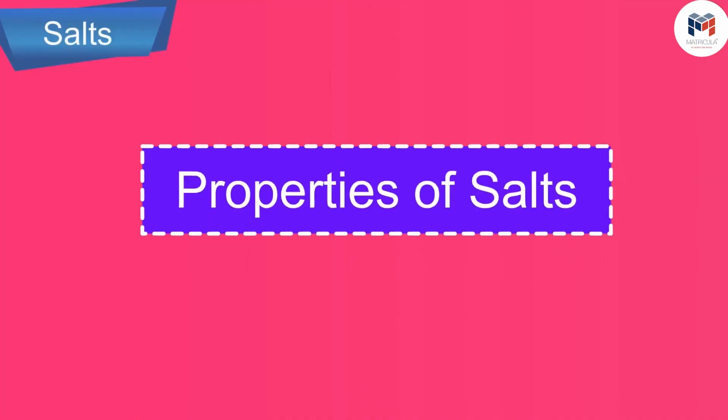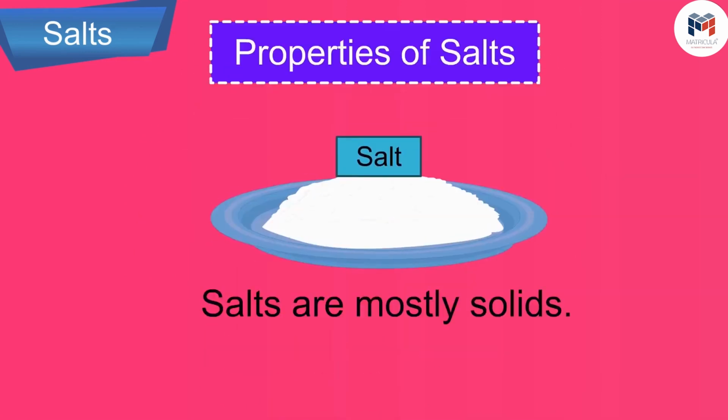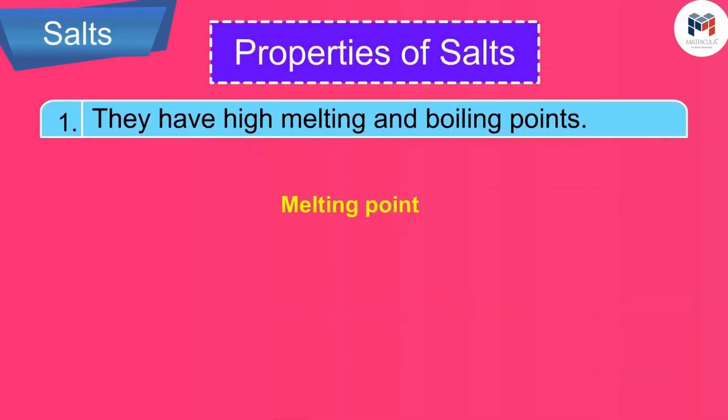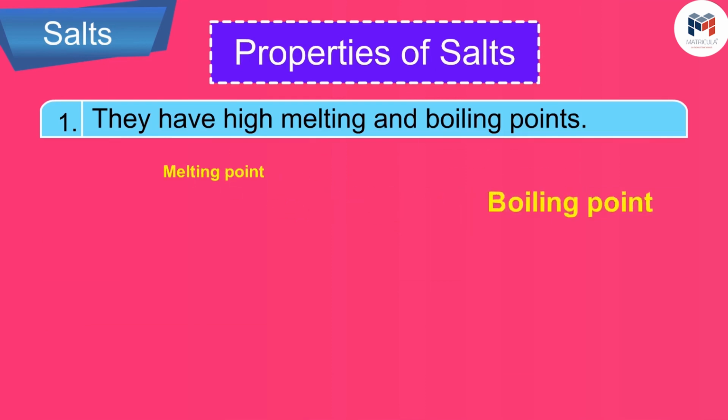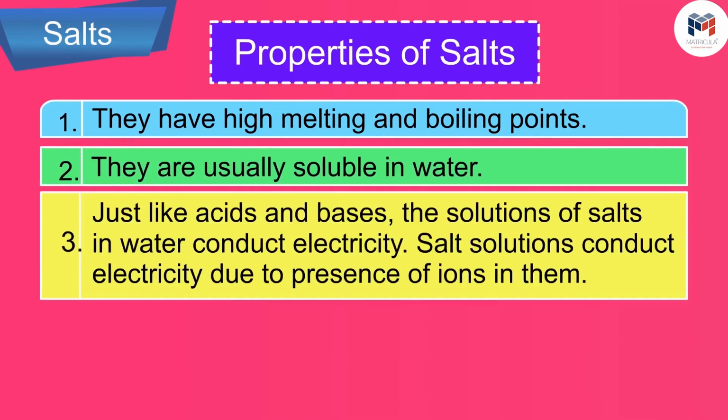Students, let us now discuss the properties of salts. Salts are mostly solids. They have a high melting and boiling point. They are usually soluble in water. Just like acids and bases, the solutions of salts in water conduct electricity.